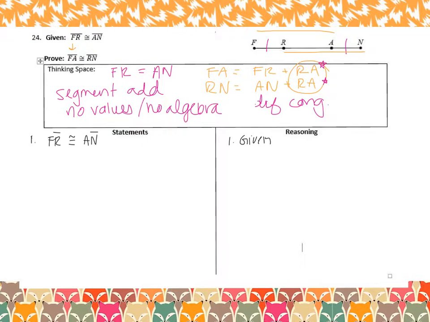Okay. We said over here that we might be combining other parts of this segment. Like we're probably going to have to add this to FR to eventually get segment FA. When we do that, we're going to add the lengths of these segments, not adding the segment itself. So I think we need to take this from a statement of congruence about the segments to a statement about equality about the lengths.